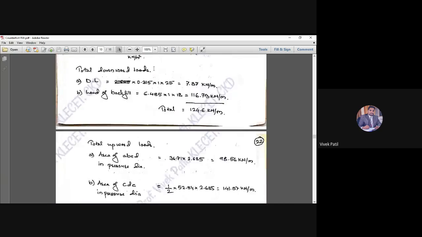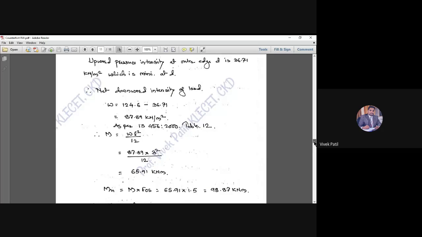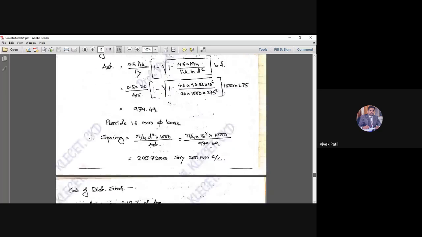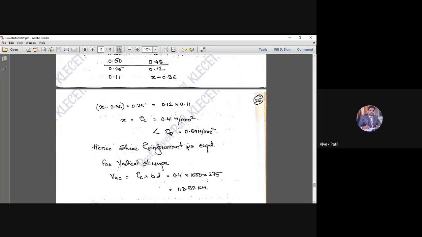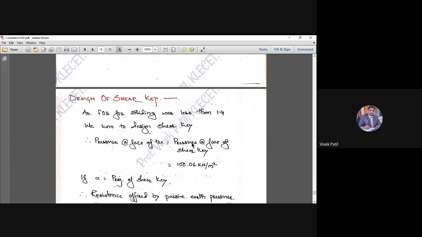So the same pressure we have to consider here for the design. So 100.06, the same pressure we have taken. Then if A is the projection of the shear key, we have to calculate the distance A.